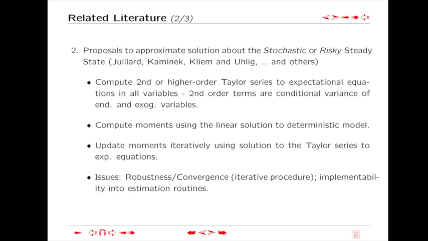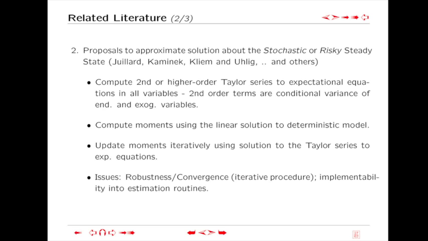So there are two other related literatures. So, for instance, we have proposals to approximate the solution about the stochastic or risky steady state. And there I would like to take Chaire, so I'm now referring to the paper he sent me last year. I'm not sure whether there's an updated version.